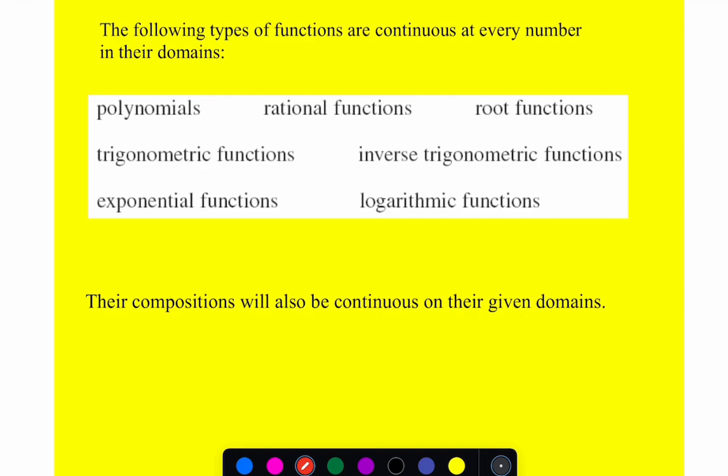Root functions, if they're square roots, we can only have positive values. Trig functions, think about our trig functions. Sine and cosine work everywhere. Its function is continuous. Once you start a sine or cosine wave, it's going to be continuous, but not tangents. Tangents have some issues, but if you know where it works, then you know where it's continuous.